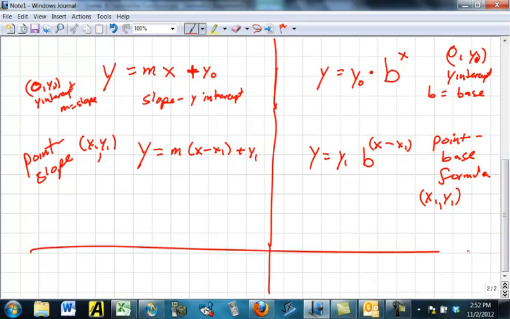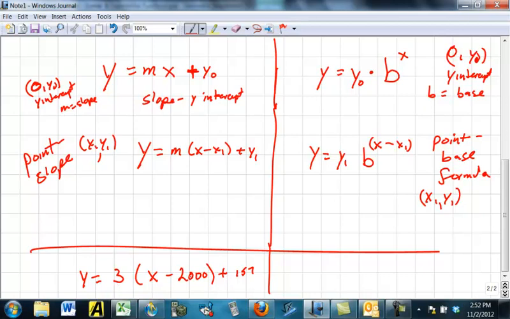On a linear one we might say y equals some slope of, let's say, 3 times (x minus 2000), plus, let's give it a number, 157. So what this says is that in the year 2000 there were 157, whatever y represents, and it's going up by 3 each year.